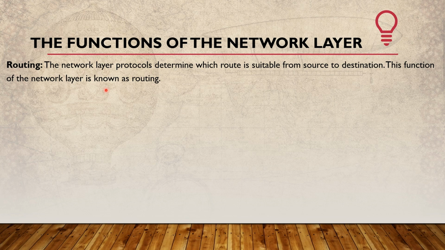Here in networking, from source IP to destination IP, from network A to network B, how do I reach? If there are multiple routing paths, which one do I choose: which is the shortest path, which is the broadest path, which is the high capacity path. Those things will be taken care of by the network layer.